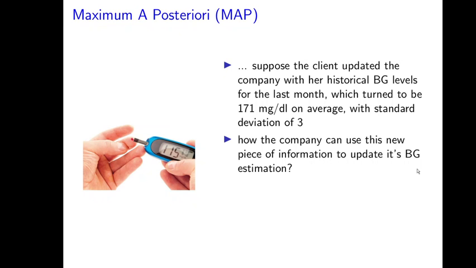And in this case, after this update, we will ask ourselves how the company can use this new piece of information, or this new probability distribution, if we can describe it like that, in order to update the blood glucose estimation and draw a new conclusion upon this new information.